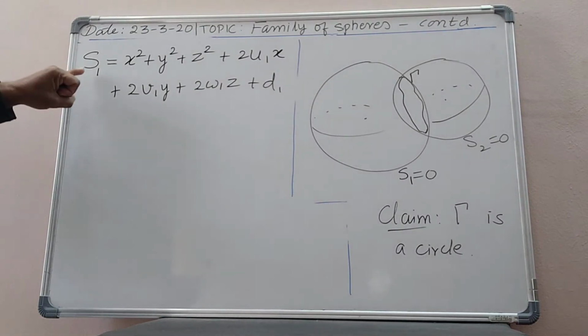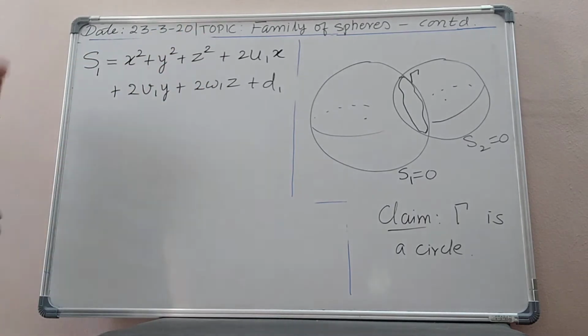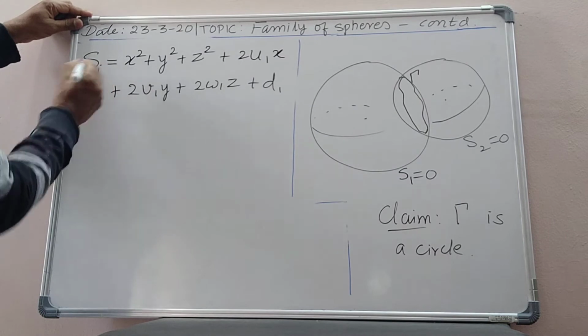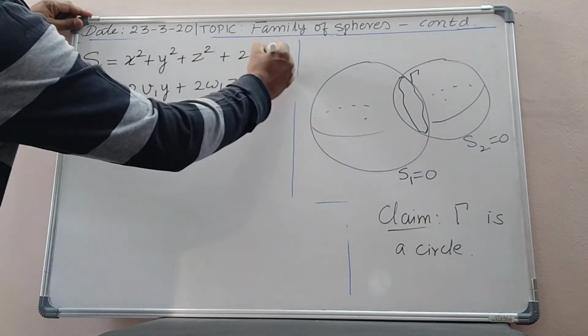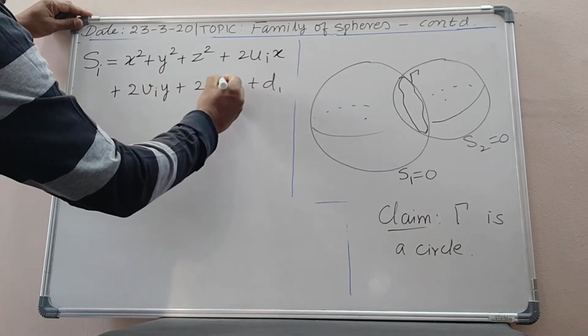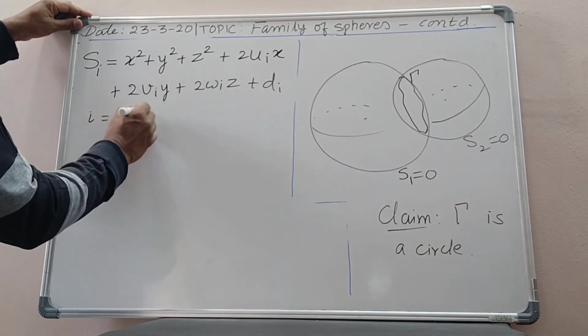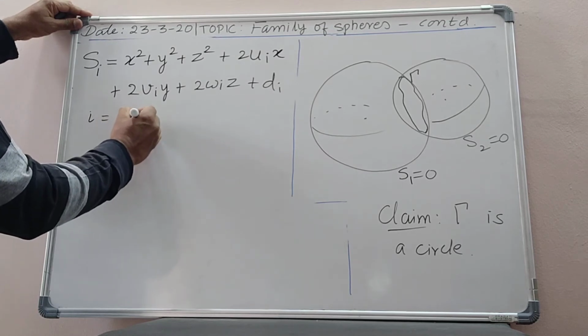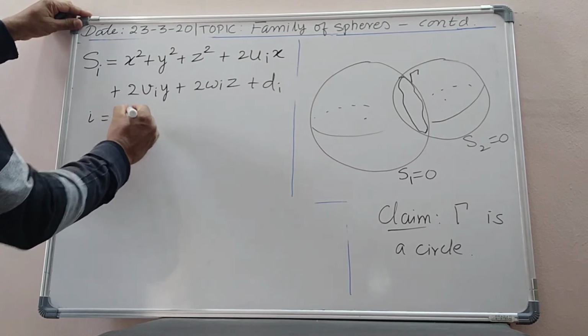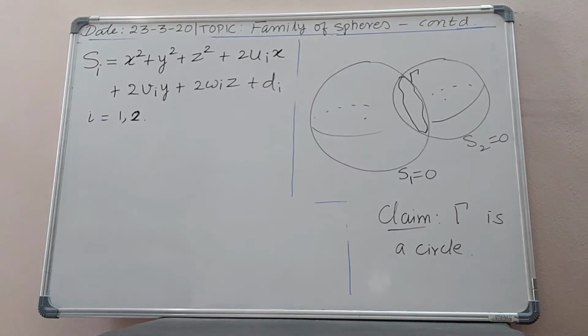If I want S2, I replace the 1 by 2 on both the sides. Alright, so I will use a short notation. Si is equal to all this, where I have ui, vi and wi and di, and I'm going to consider i to be equal to 1 and 2. So when i is equal to 1, I get S1, and when i is equal to 2, I get S2.